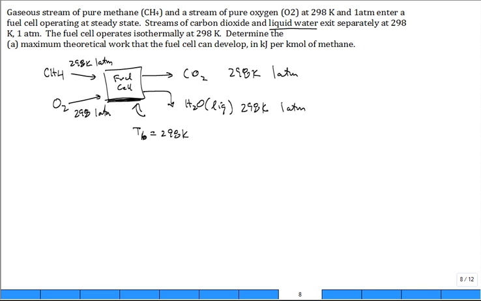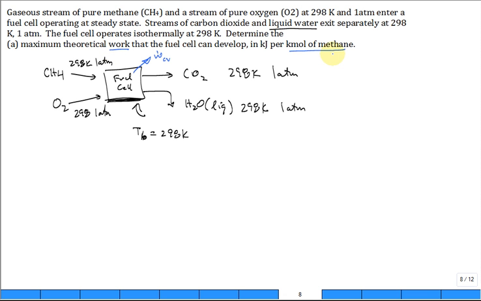So this fuel cell can produce some W dot out of the control volume. Its form would be electrical, which is equivalent to mechanical. It carries with it no entropy, but it sure does carry with it energy. It's mechanical or electrical power coming out of the fuel cell. And they want to know the maximum theoretical work per kilomole of methane.